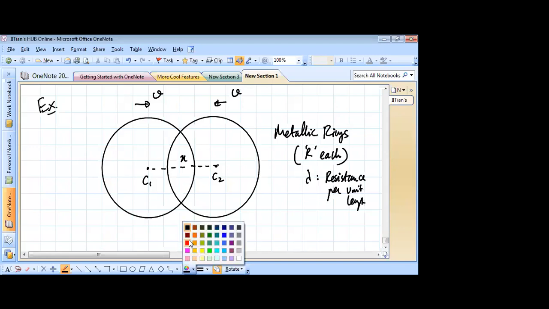Now this whole situation is inside a uniform magnetic field going into the plane.